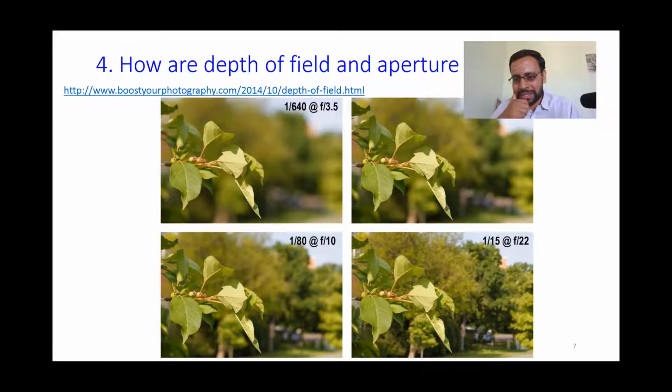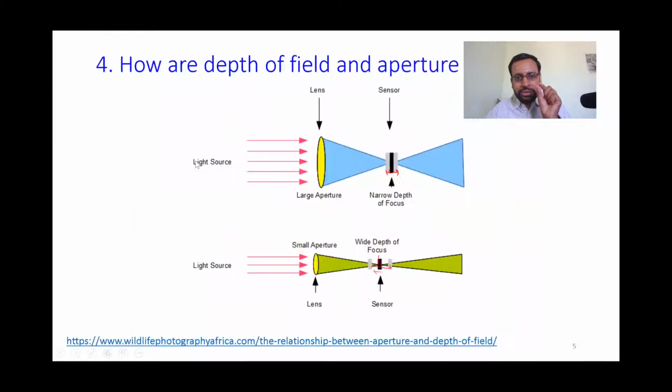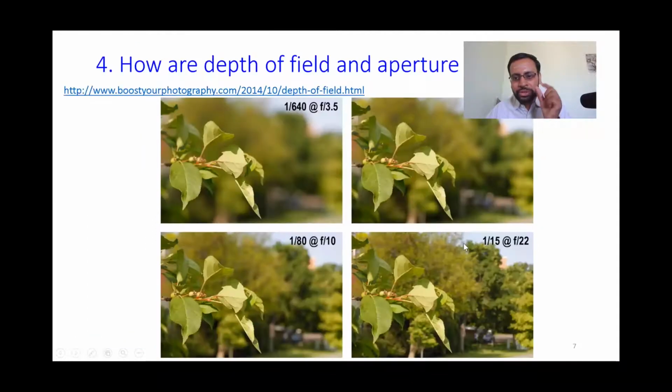Does that make sense? When you have a small aperture, you need more light to get a good image. So that's why you would be increasing your exposure time, the amount of time you let the light pass through. Is that fine?